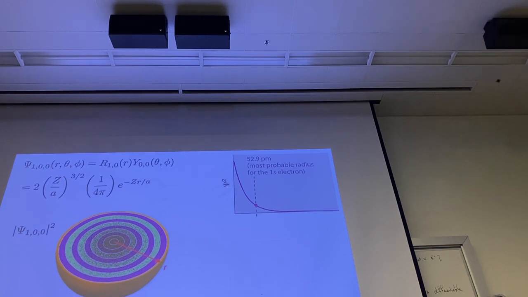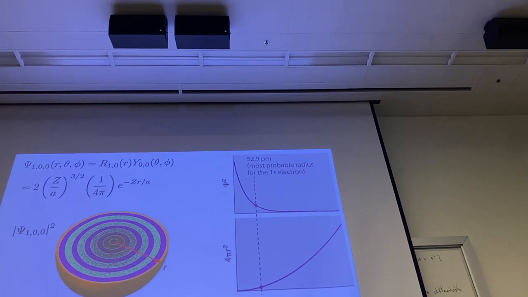Okay? So I have to look at r squared, big R squared, dr. This is the probability of finding the electron at a certain distance, in this location, dr. And because the sphere becomes larger the farther you go away, namely the surface area of the sphere grows like 4 pi r squared, because that's the surface area of a sphere.